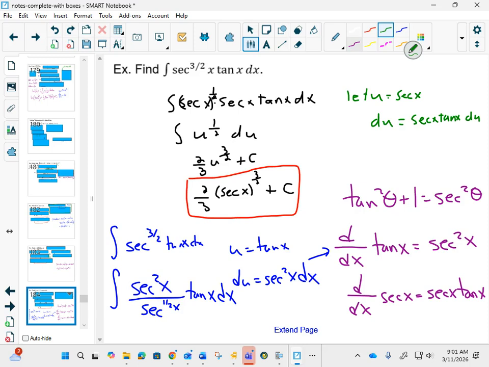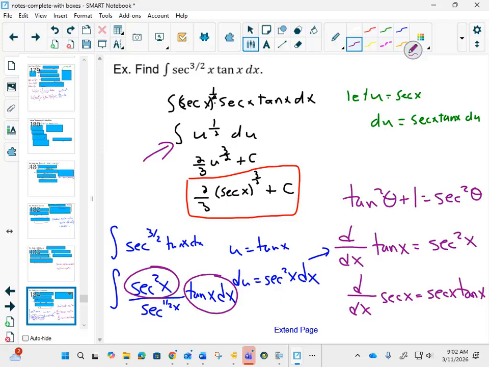So I'm using my exponent rules. And my substitution right now would get rid of all of this, but still have this left. And if something's left and it's not clean, like we need our substitution to be clean and have everything go away for us to continue. But in this section, my secant to the half doesn't go away.